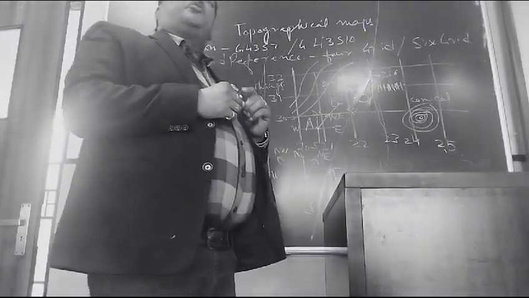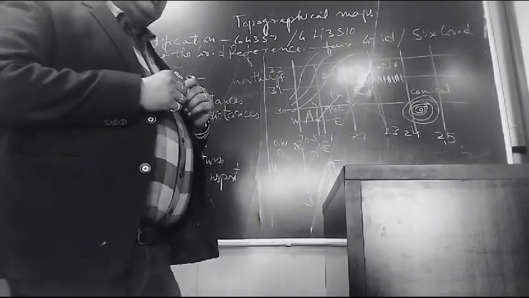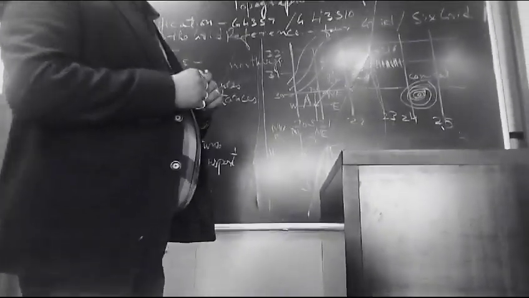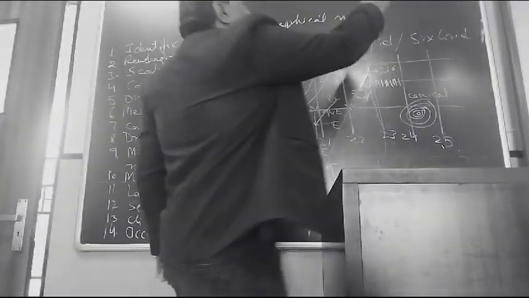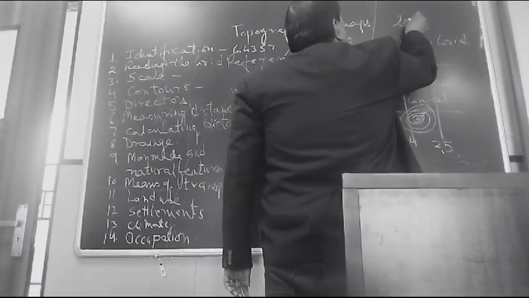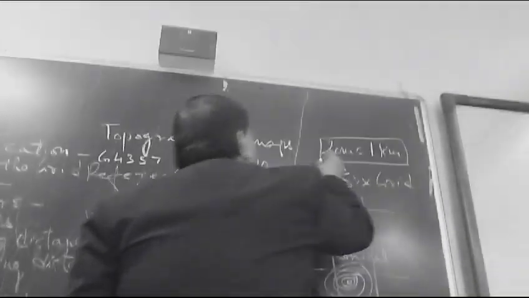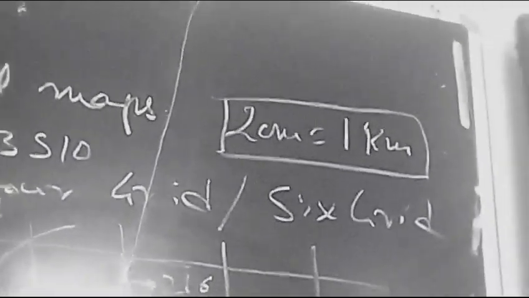Here crow flies means in the straight direction, in the shortest distance. Here we will be using one formula: 2 centimeter is equal to 1 kilometer, and by using this formula we will be finding out the distance between two places.